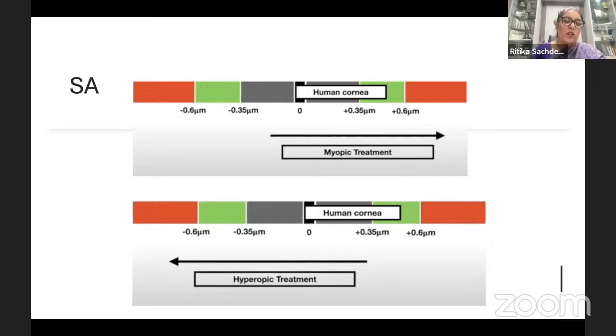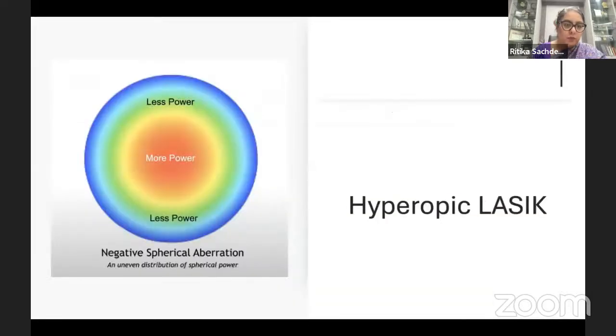And because the tolerance of spherical aberration is more, it lends its role in presbyopic LASIK, where you try to increase the aberration profile of the eye to give depth of focus. And it also is being adopted in extended depth of focus IOLs. IOLs are outside the purview of today's talk, but you must know that spherical aberration plays a role in presbyopic LASIK as well as IOLs, giving you greater depth of focus.